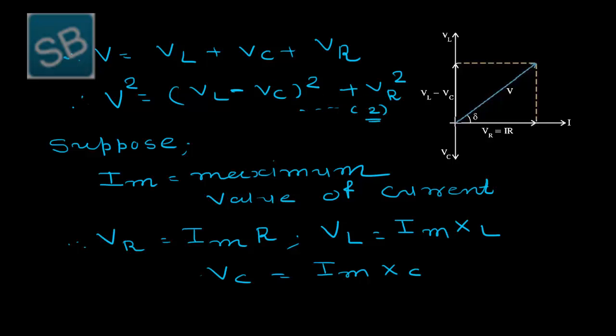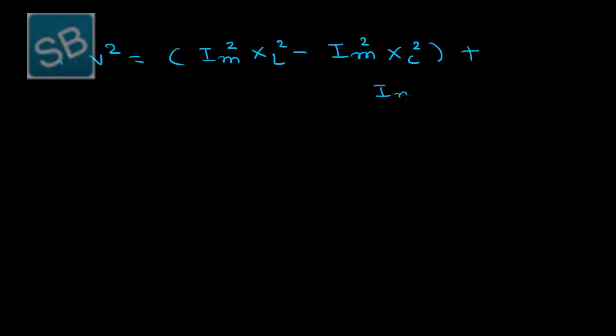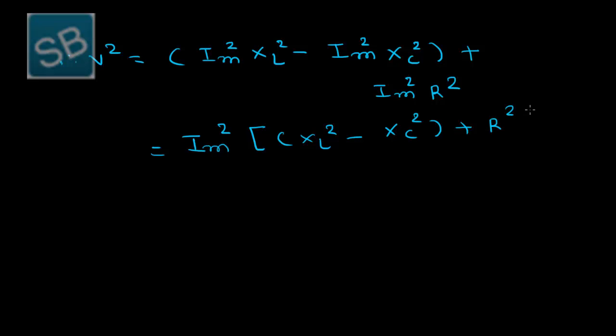We will get V square is equal to Im square XL square minus Im square XC square plus the value of VR square, that is Im square into R square. Now I am taking Im square common from the terms, so inside the bracket XL square minus XC square plus R square.